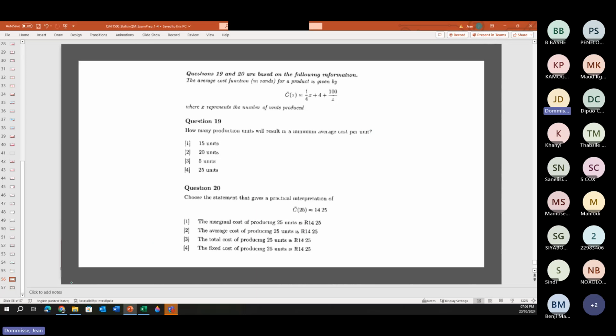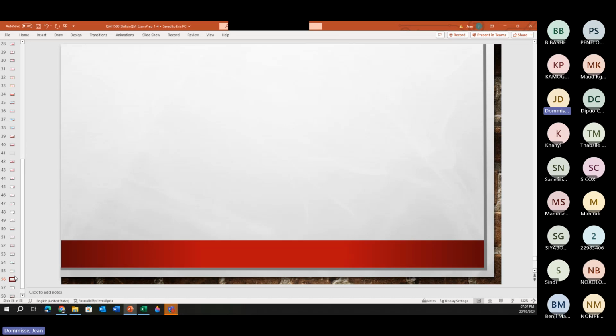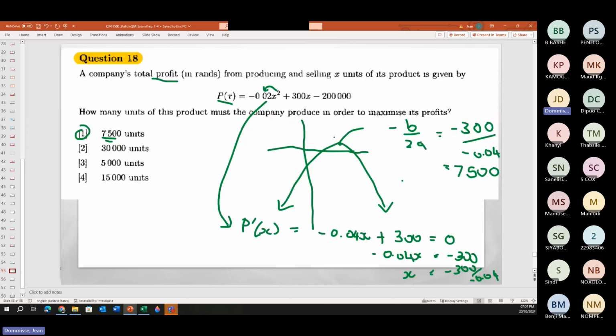Okay, last two questions. Hello, hello. Yes. Sorry to interject. Regarding question 18, I'm a bit confused why we use the turning point formula. How would I know that I have to use the turning point formula? So it's because they say maximize.